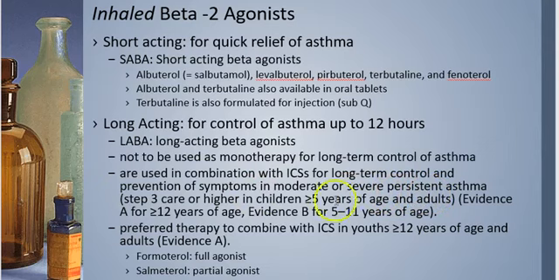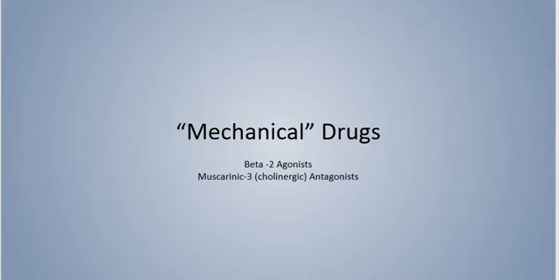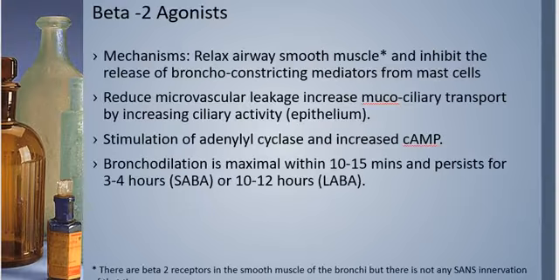Some of this criteria is listed here, and this is based on practice guidelines from the FDA. The prototype here is salmeterol. Of course, formoterol is also within that same category of long-acting beta agonists. And just as a small point, salmeterol is a partial agonist, and formoterol is a full agonist.